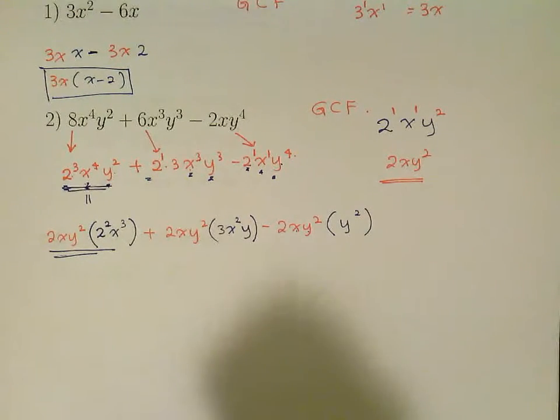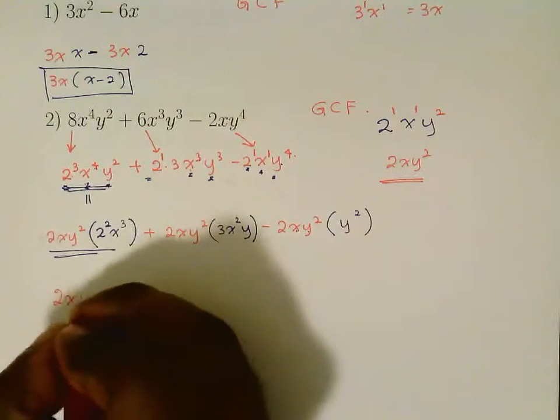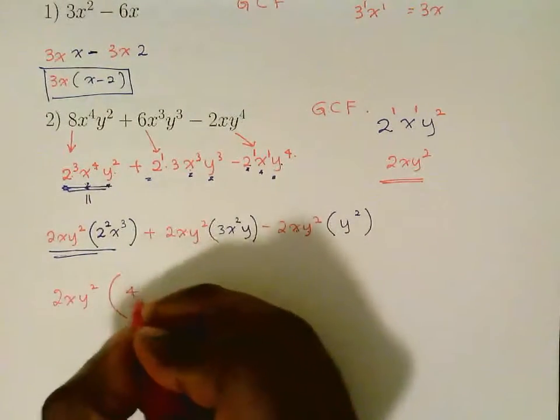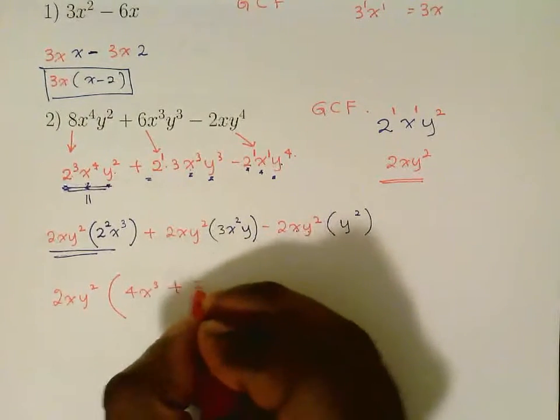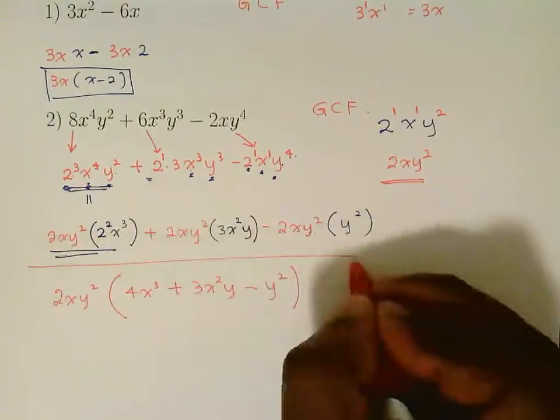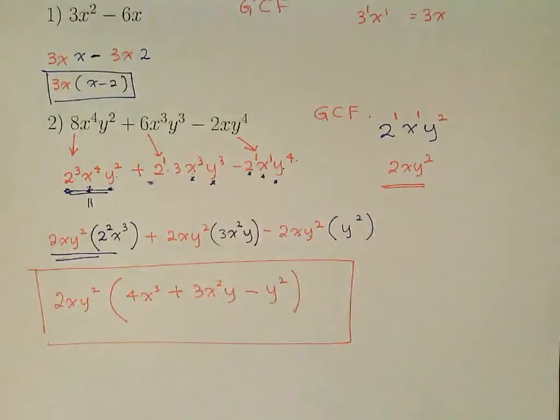And now you can see 2xy squared is the common factor. Open a parenthesis: 4x cubed plus 3x squared y minus y squared is the factorization. So that's how you factor that.